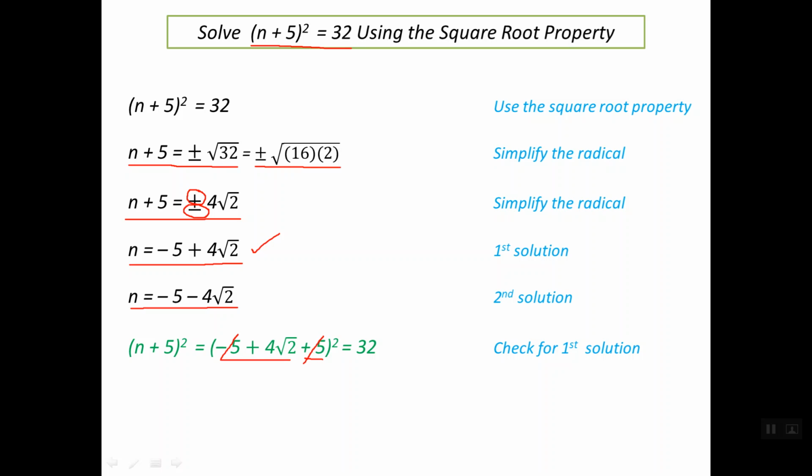So the remaining inside the parentheses is 4 times the square root of 2, all squared. So 4 squared is 16 and the square root of 2 squared is 2. So 16 times 2 is equal to 32. So it's the same as the original quadratic equation. So the first solution is completely correct.